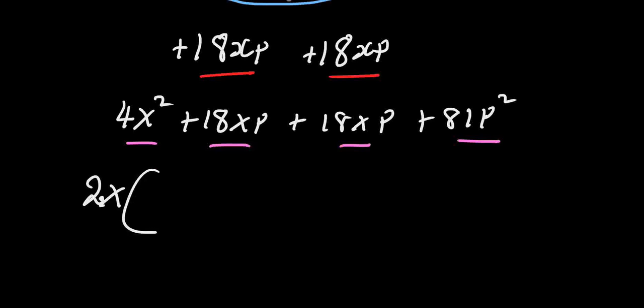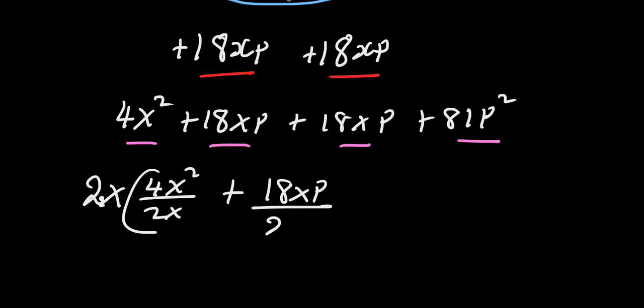So let's just open a parenthesis and divide the first term by 2x, and then we have 18xp here divided by the GCF, which is 2x. Good. And then the other two terms, we have 18xp plus 81p squared.